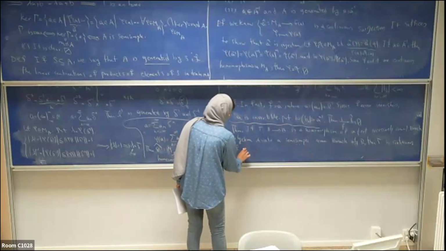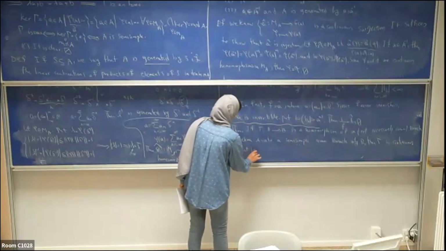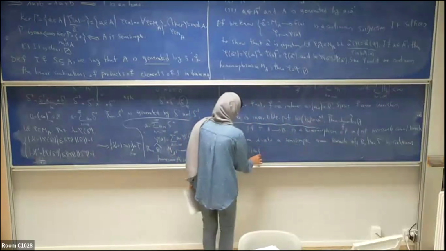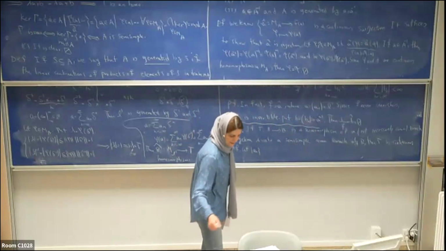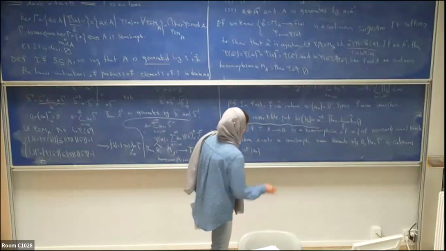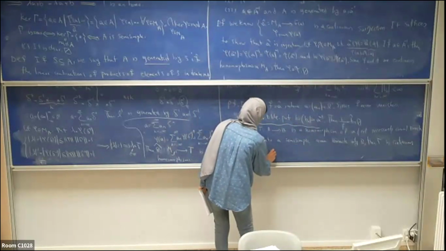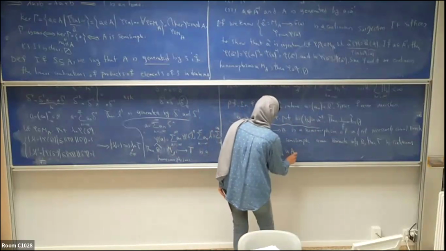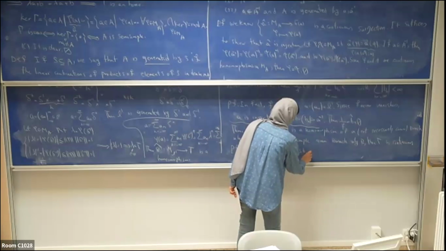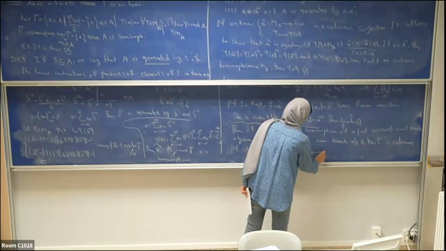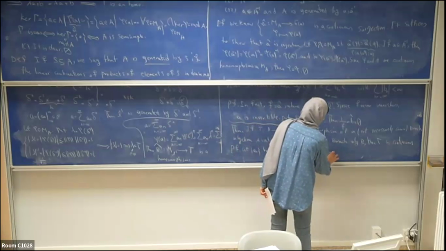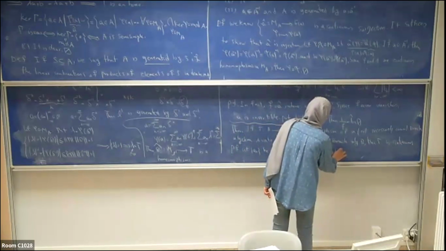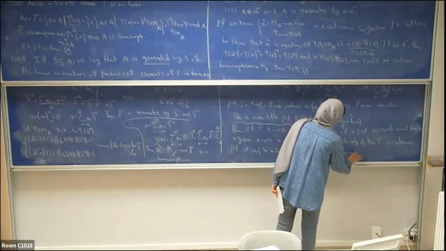So for this purpose, let a_n be a sequence in A such that a_n goes to a and T of a_n goes to b.